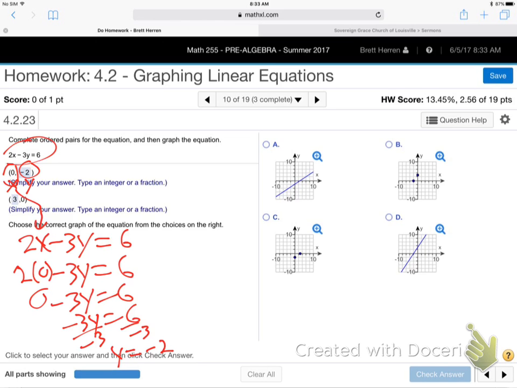So the second one, again, start with 2x minus 3y is 6. And the second one is something comma 0. See right here? Now I already found that x is 3. That was the answer I discovered. But they were giving me x comma y, where the y is 0. So put that 0 in for y and solve that equation for x.